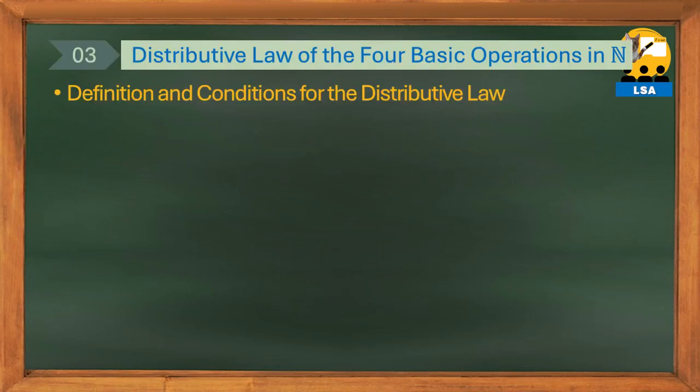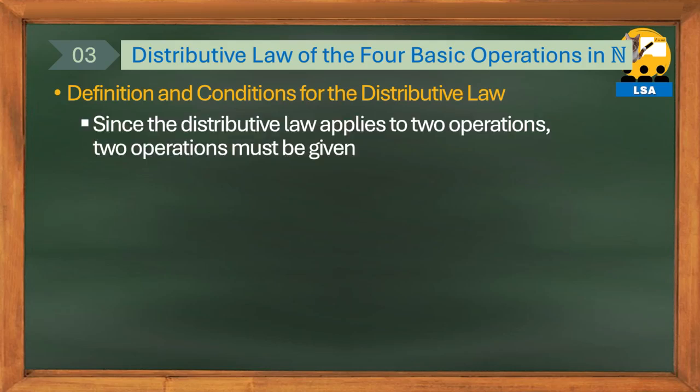Before defining the distributive law, let's examine the form and conditions of operations where the distributive law is defined. The distributive law is defined by combining 2 operations, so 2 operations must first be defined. Having 2 operations is a necessary condition for the distributive law to be defined.